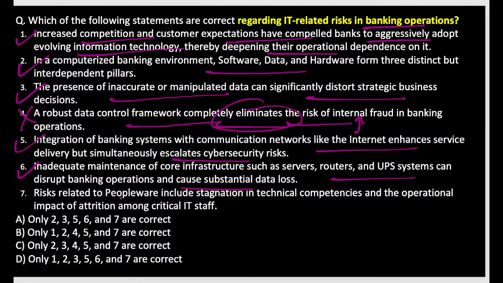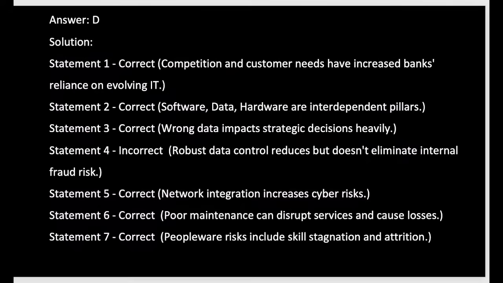Seven. Risk related to peopleware include stagnation in technological competencies and operational impact of attrition among the critical IT staff and all. Their job will go. 1 2 3 5 6 7. Yes, option D will be the right answer for this particular question.